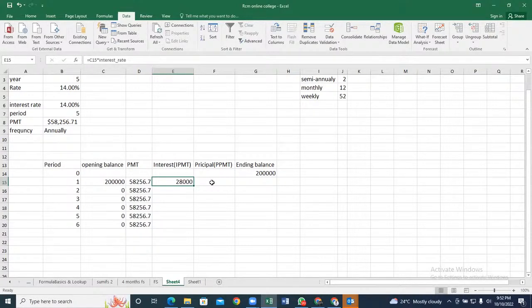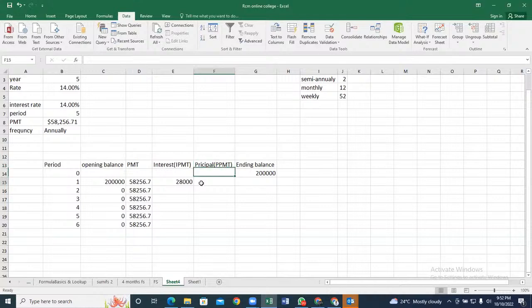How do we get principal? Remember, the periodic payment includes the principal amount and the interest. So how do we get principal when we have interest and periodic amount? PMT contains interest and principal, and now we have PMT and interest.